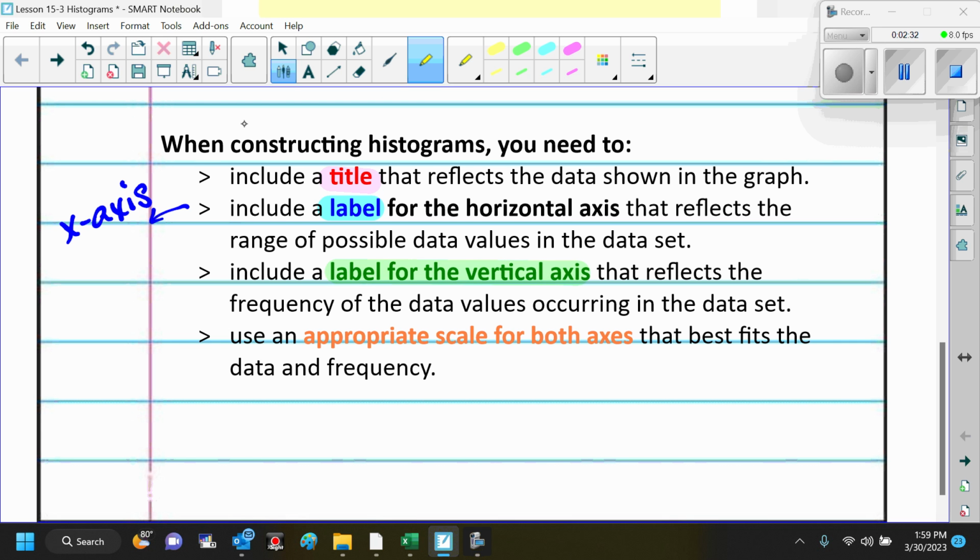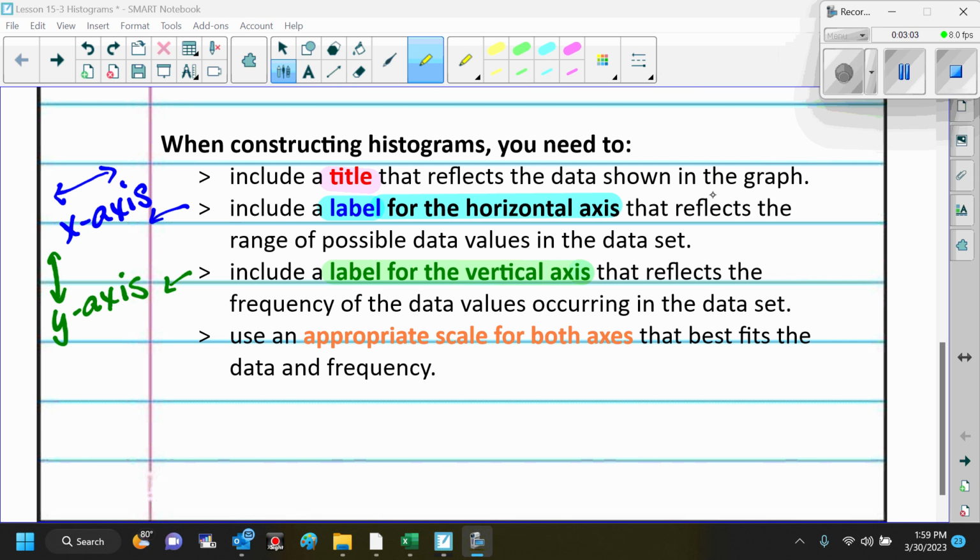What's that vertical axis called, by the way? That's called the y-axis. The vertical one, that's the one that goes up and down. So remember, the horizontal axis is the one that goes left and right, and the y-axis is the one that goes up and down. Okay? Oh, let me put that in green. That one is the one that goes up and down.